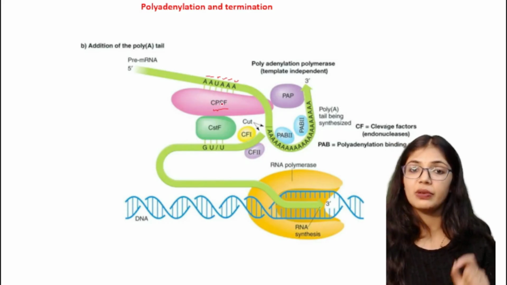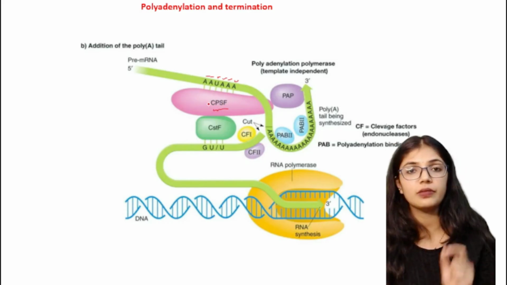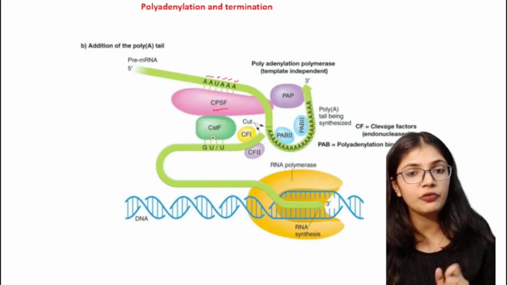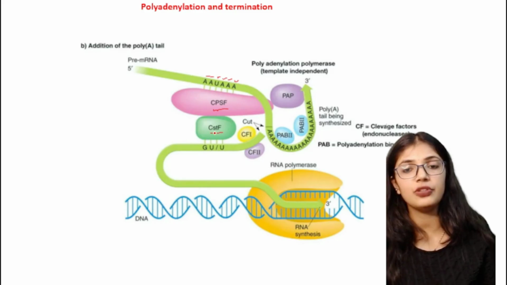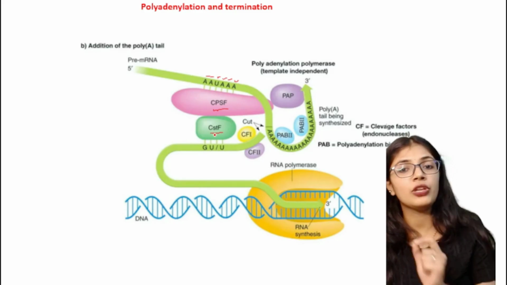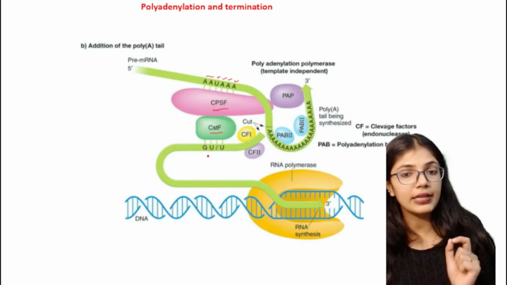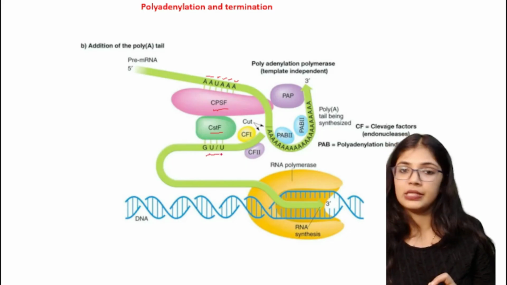It is responsible for cleavage as well as for polyadenylation. There is another enzyme which is known as CSTF, the cleavage stimulation factor. It is only responsible for cleavage, and it is attached to the GU-rich sequence.